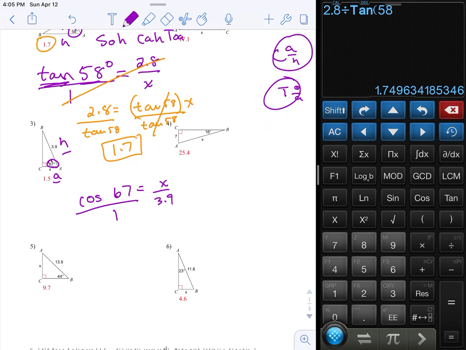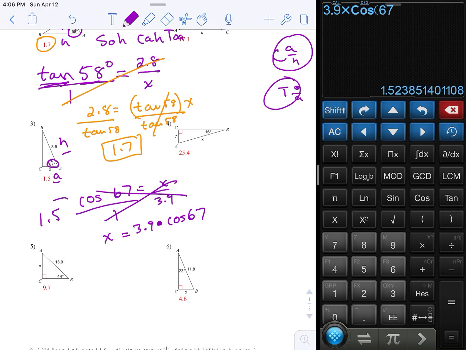So 1 times x is x equals 3.9 times cosine 67. You just put that in your calculator. 3.9 times cosine 67. You get to look at it up here and see if it's right. It's perfect. 1.5. The answer was already there anyway.